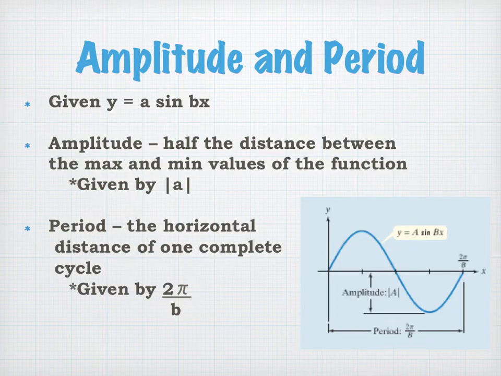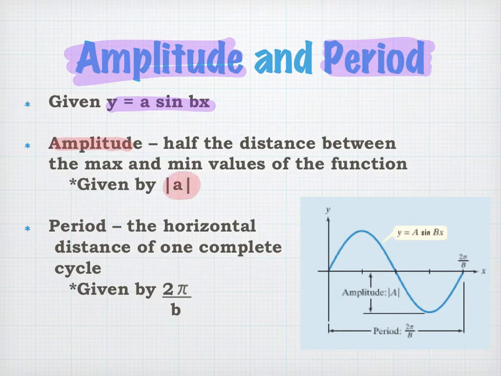We start with the amplitude, which is how high and low my graph goes, and the period, which is how long it takes to make one full complete curve. If this is my original function, y equals a times the sine of bx, a is the number attached to the front of sine, and b is the number in between the trig function and the x. We find the amplitude by doing the absolute value of a. It is half the distance between the max and min.